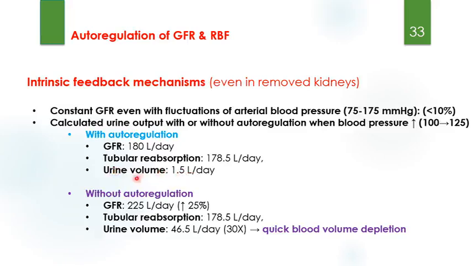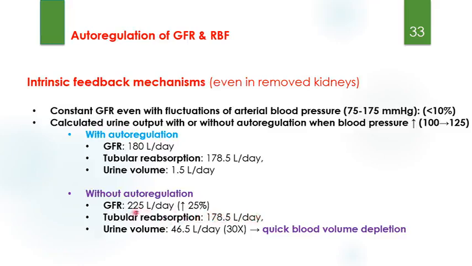But if we didn't have the autoregulatory mechanism, by increasing blood pressure, the GFR level would increase from 180 to 225 liters per day, about 25%. The capacity of tubular reabsorption, imagine, remains the same.